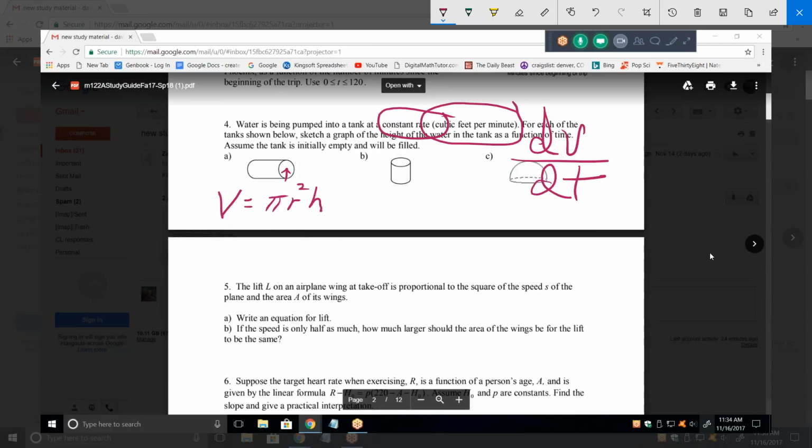That's what a constant rate means: the water is filling that volume at a constant rate. We want the height as a function of time. This is a calculus problem.